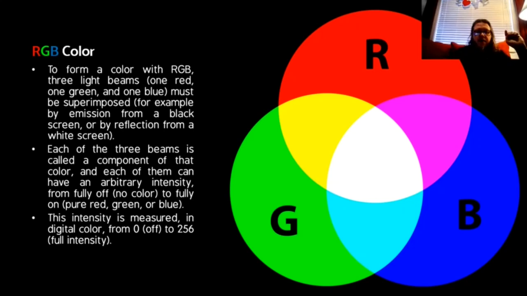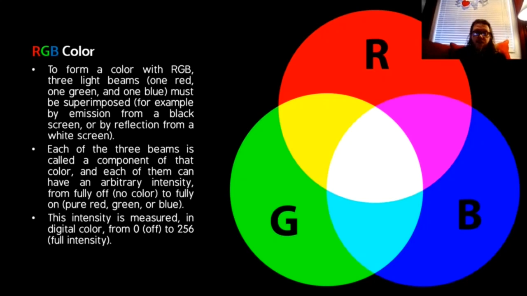And each of them can have an arbitrary intensity from fully off, meaning that light beam is not giving out any color whatsoever, to fully on, where it would be a pure red, or pure green, or a pure blue, with intensity in between where that light isn't as intense, right? And we measure this intensity in digital color from 0, which is off, to 256. Nope, that should be 255. I'm sorry.